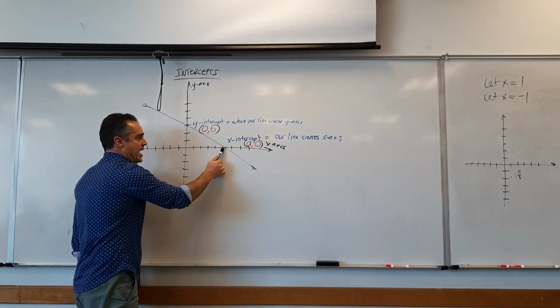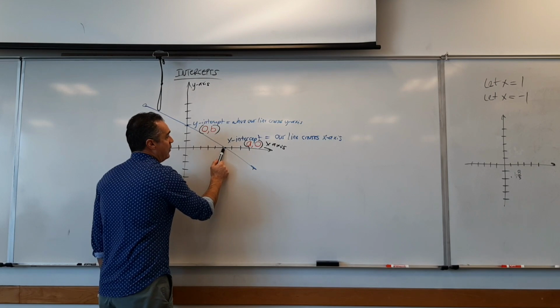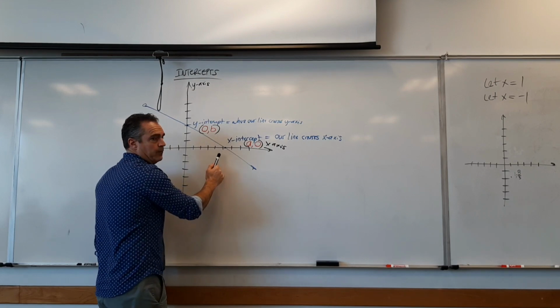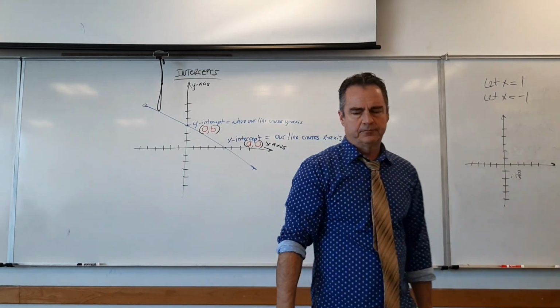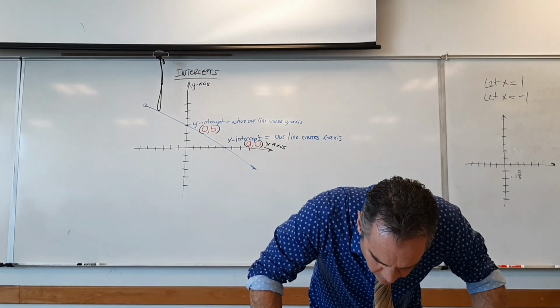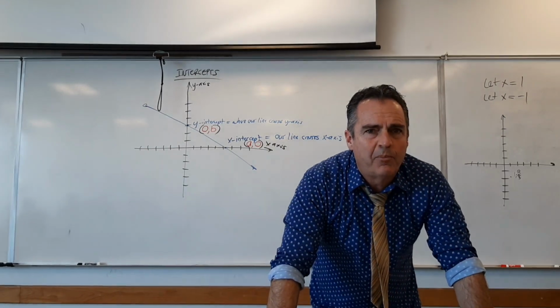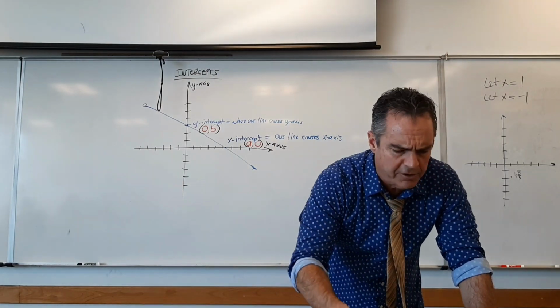If it doesn't go exactly through a hash mark, you're going to have to say, well, that's 1, 2, 3, 4, 5 and a third, or 5 and a fourth, or something, right? Okay, so you can do it. It's not an exact science, but most of these are going through exact points on the hash marks and you're good to go. You guys good? You understand? Is this hard or easy? Easy.